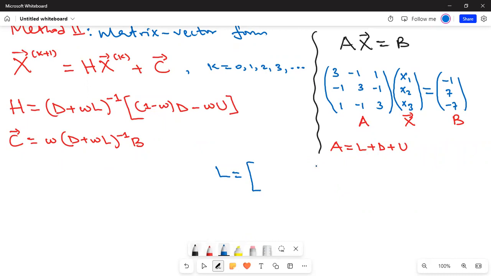We need the elements below the main diagonal: 0, 0, 0; -1, 0, 0; 1, -1, 0.